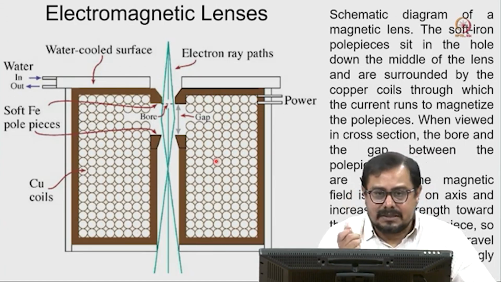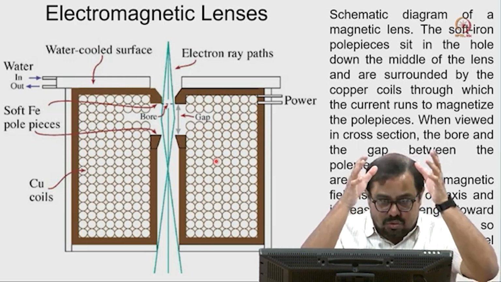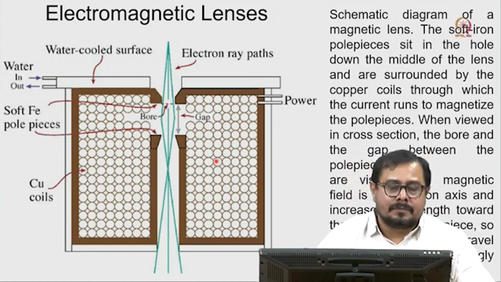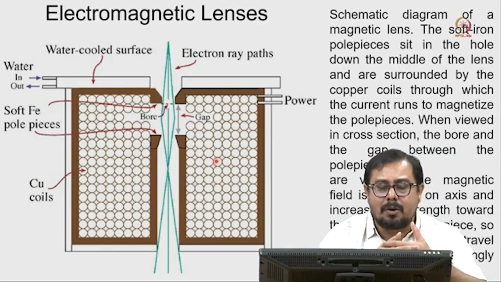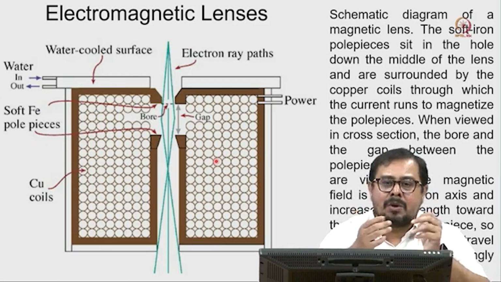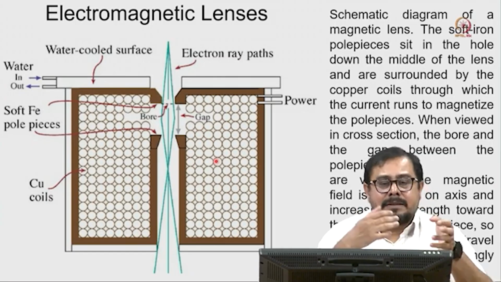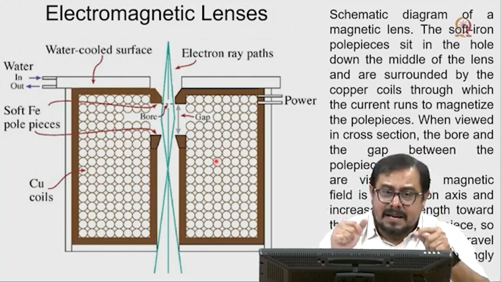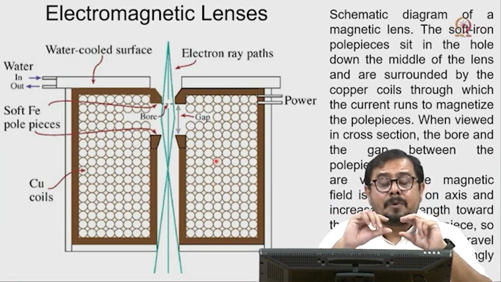If you remember, when I was showing the entire column of the electron microscope, I discussed that we have a condenser lens system, an objective lens system, then a projector lens and an intermediate lens. I also discussed a couple of other things.